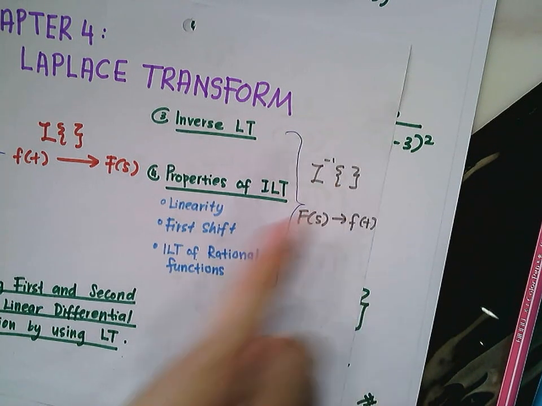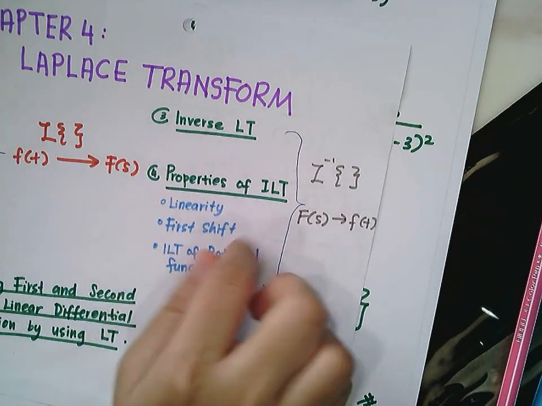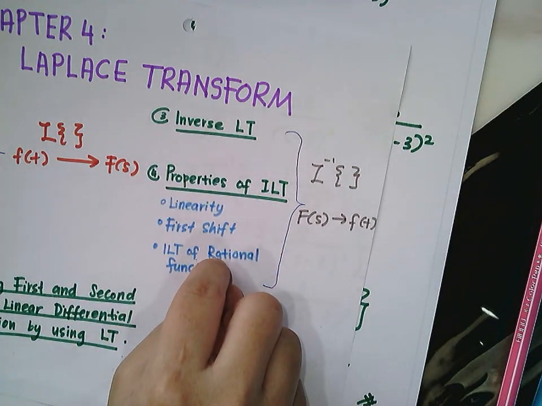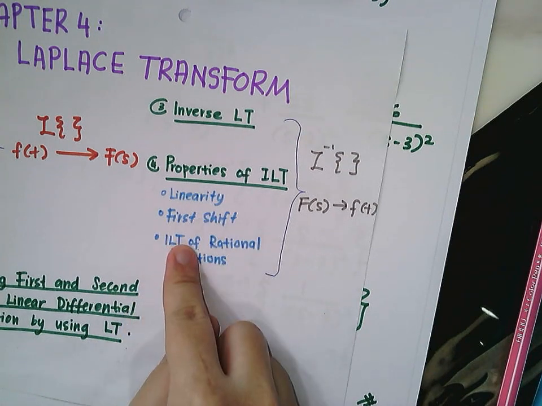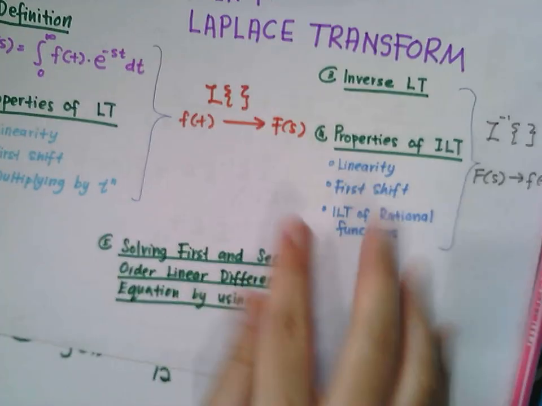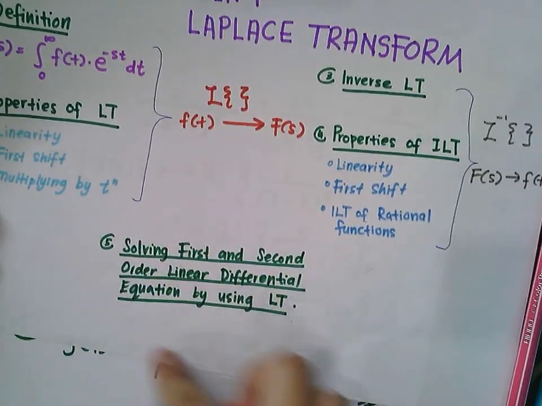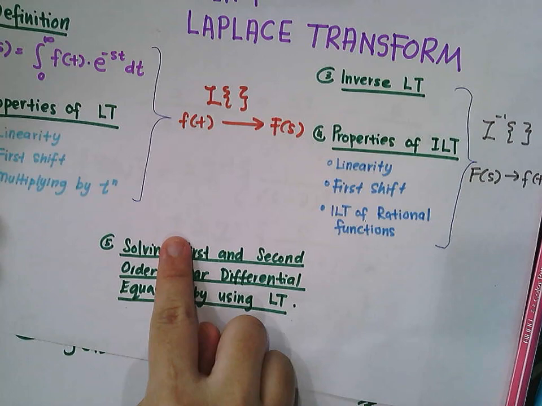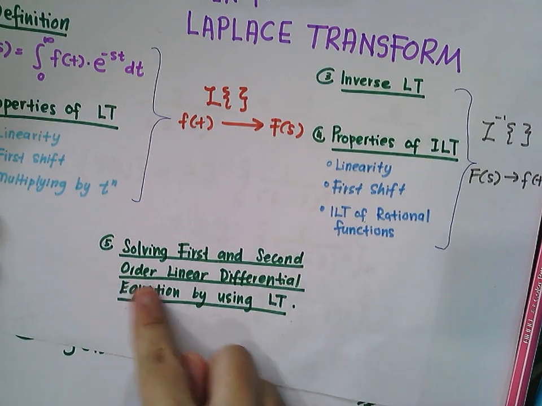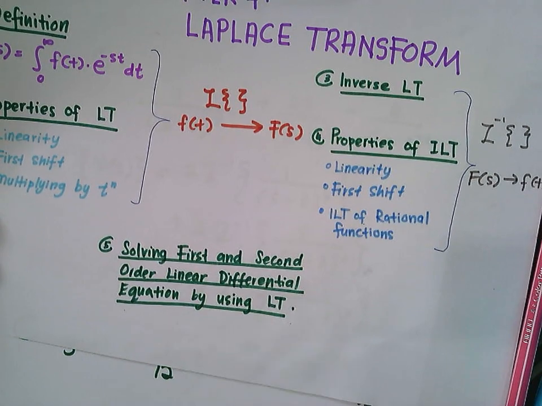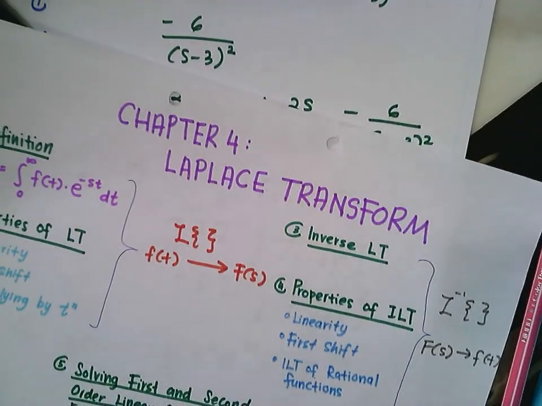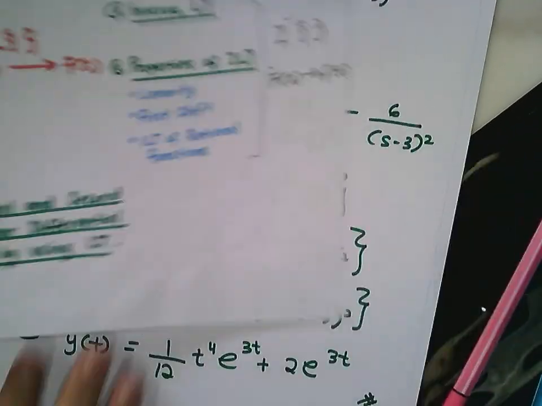We also covered properties of inverse Laplace transform, which are linearity, first shift, and also inverse Laplace transform of rational functions. And today we are done with solving first order and second order linear differential equations by using Laplace transform. So we are done with chapter 4.